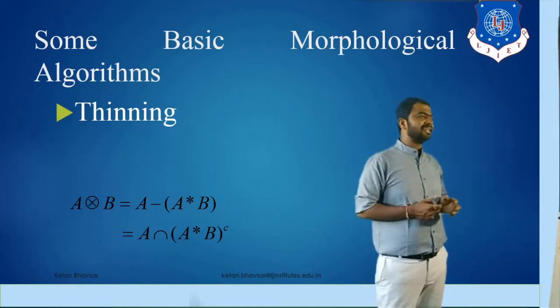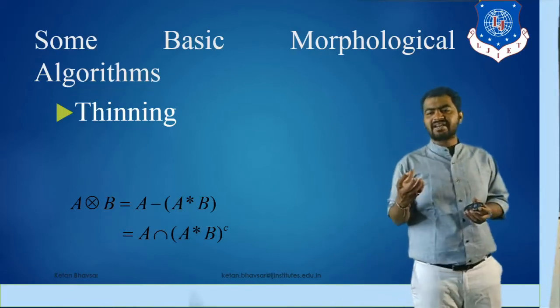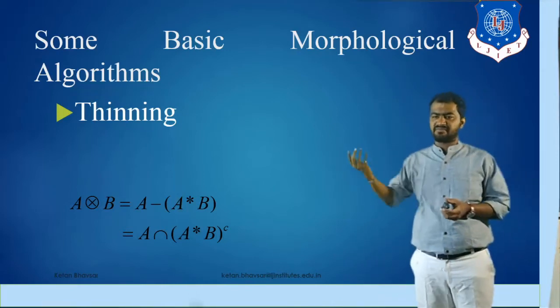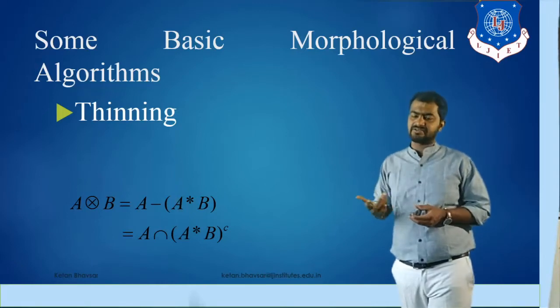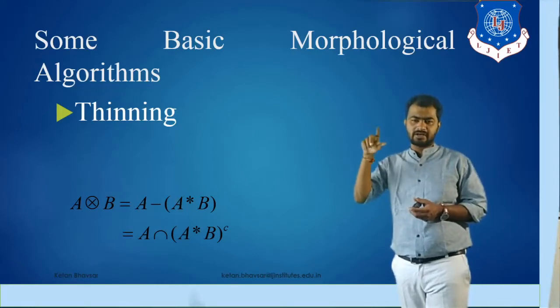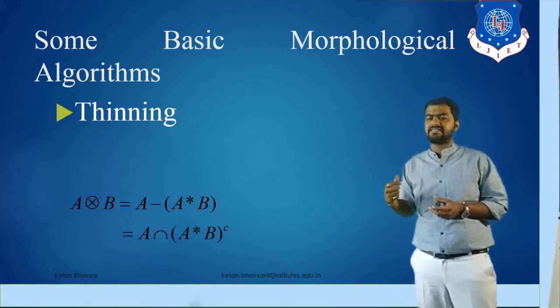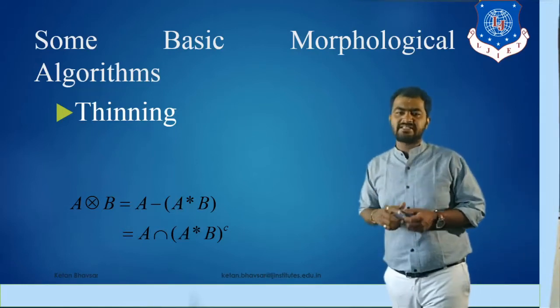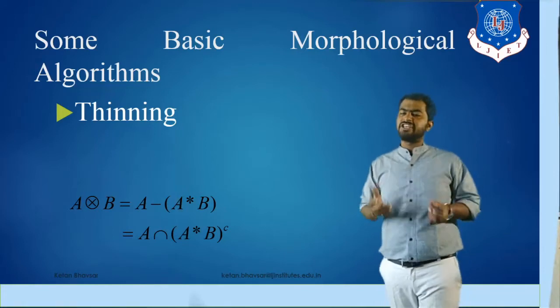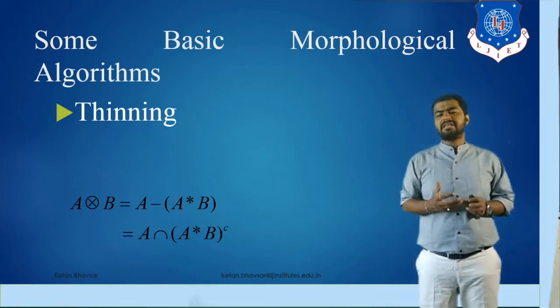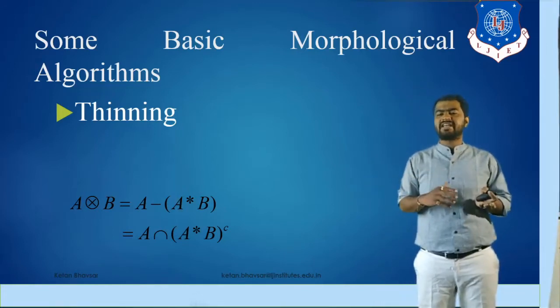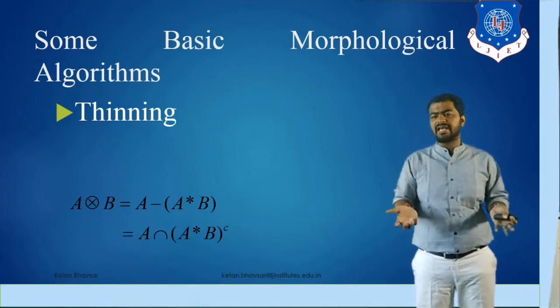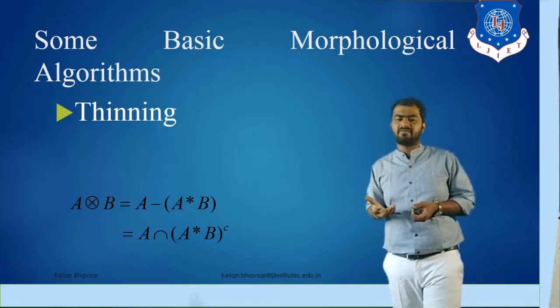In terms of thinning, you are extracting the meaningful content from the internal side. We can say that. So the symbol is A thinned by B is equal to A minus (A hit-or-miss B), which is equal to A intersected with (A hit-or-miss B) complement. It is the concept of thinning. Fine. In terms of thinning, you are taking A and B, both the structuring element and the object. You can take both as images and get the meaningful content.